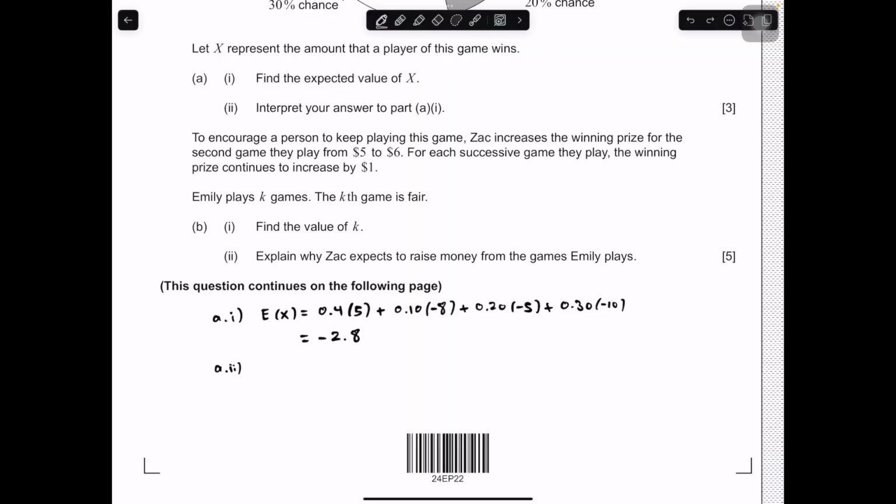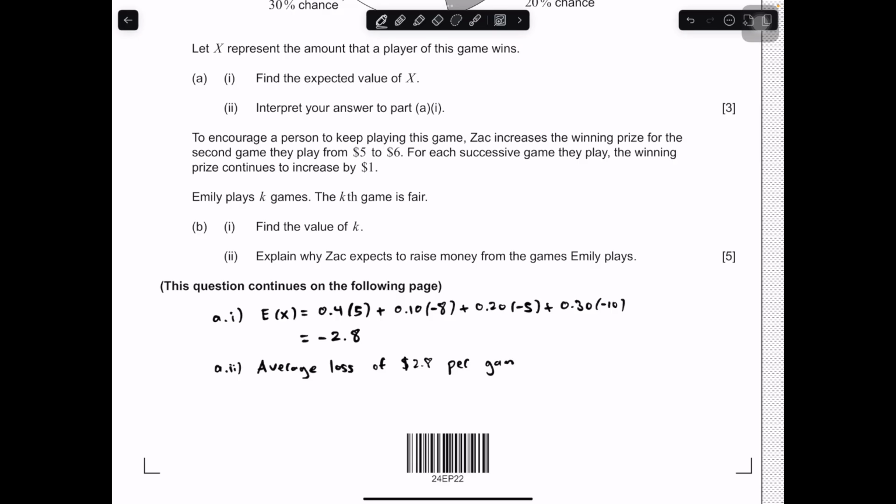And that's what we can write here. So interpret your answer to part A: we have an average, this is an important word, average loss of $2.8 per game.